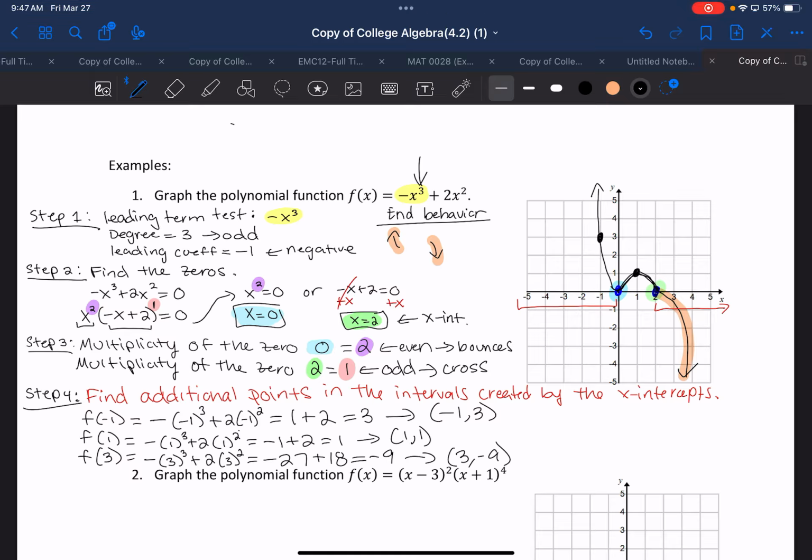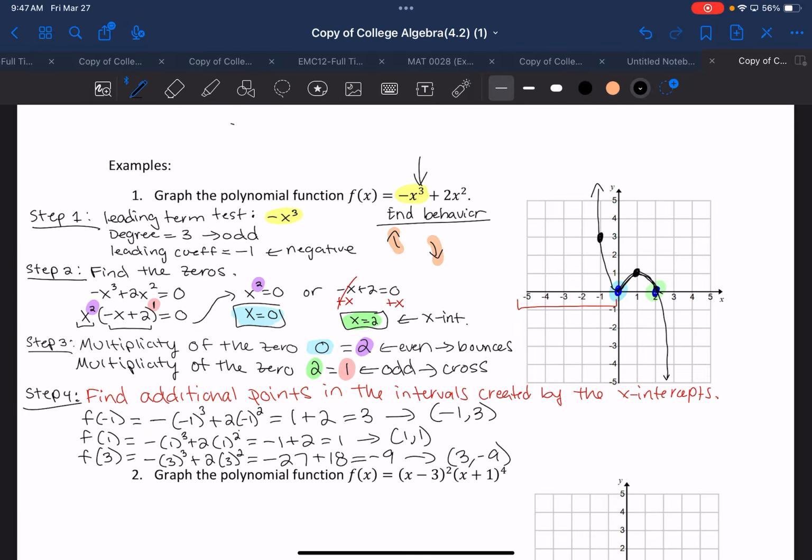Okay, so negative 9 goes off my graph, but that's okay. I'm still going to erase this. So that'd be 3, negative 9. It would be way down there. So I know that it's not crossing 3 until it gets down there. So it's more like something like this.